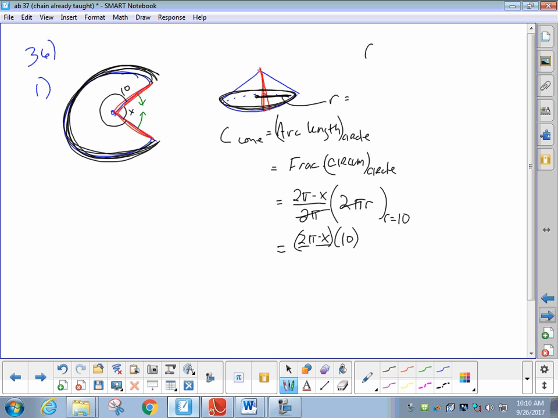If the circumference of the cone is (2 pi minus x) times 10, and that equals 2 pi times the radius of the cone, then the radius of the cone is (2 pi minus x) over 2 pi times 10. That was a fun little bit of thinking. Don't you think? Other questions on 36?